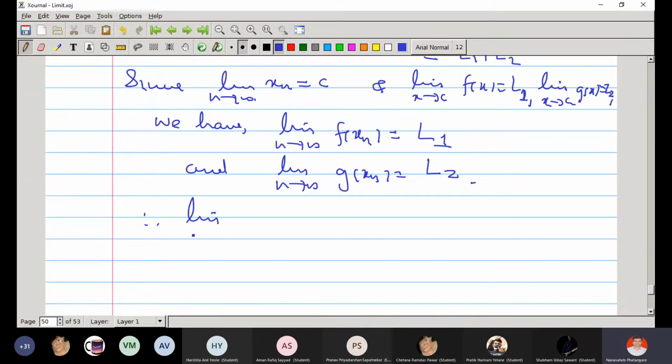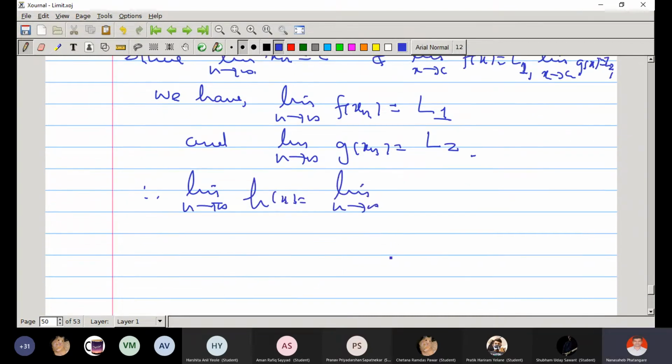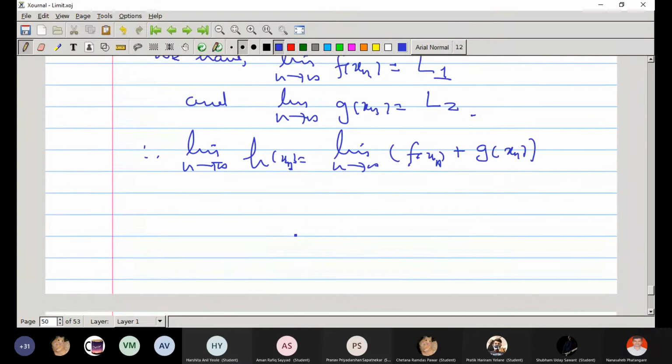Therefore, what is the limit as n tends to infinity of h(xn)? It is the limit of f(xn) plus g(xn). Now we are approaching along the sequence, but what is inside the bracket? The sum of two sequences, because f(xn) is a sequence and g(xn) is a sequence.